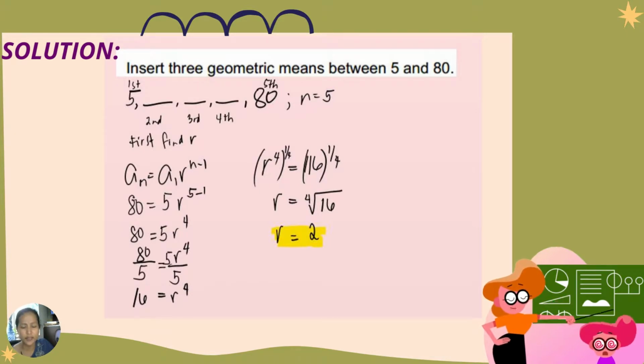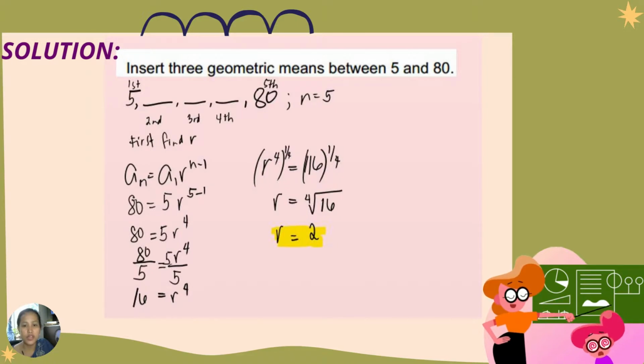So this is not yet the final answer because our r here is raised to 4. We need to have only r, or r raised to 1 only. So raise both sides by 1/4. So we have r is equal to the 4th root of 16.